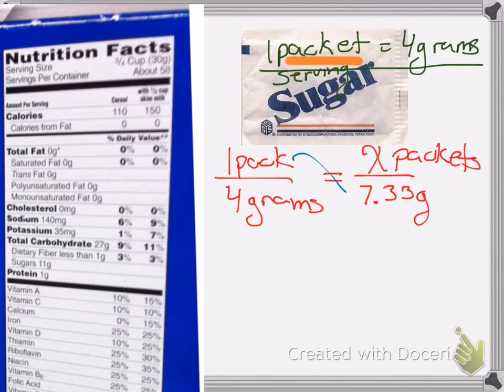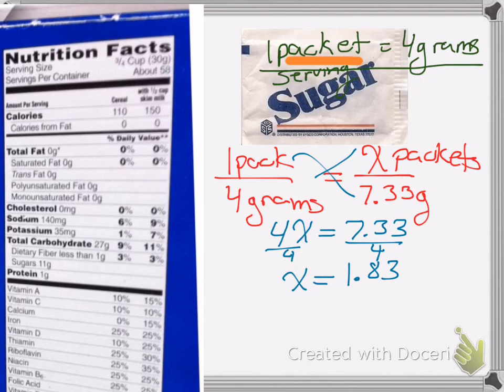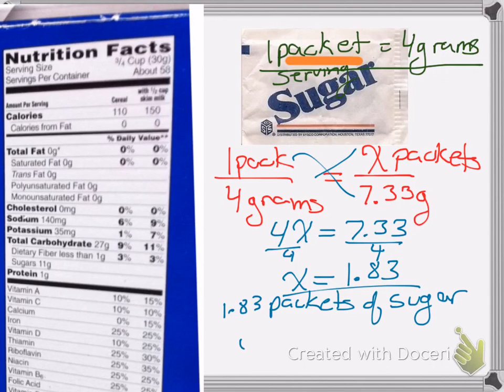Let's cross multiply. We see that 4X equals 7.33. Divide by 4 on both sides, so we can solve that X equals about 1.83. What does that mean to us? Well, there are 1.83 packets of sugar, or servings of sugar, in 20 grams of our Frosted Flakes cereal.